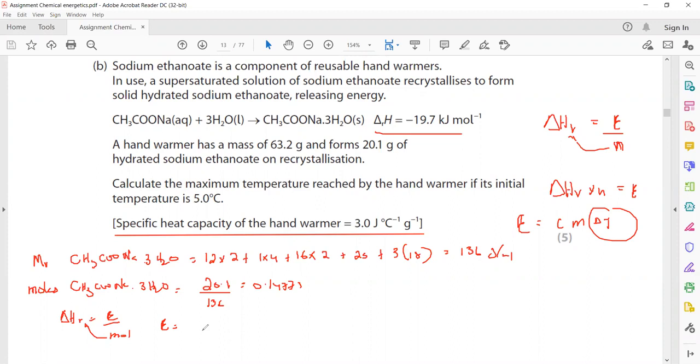So we have to first convert 19.7 kilojoules into joules, multiply by 1000. So this will be 19,700 multiplied by 0.14779. This will give us the energy, which will come out as 2911.5 joules.